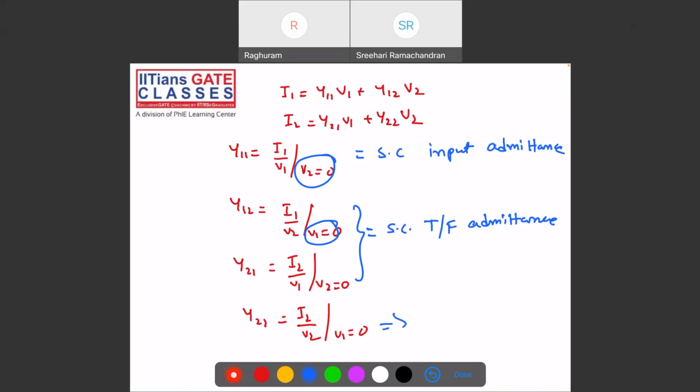This is called short circuit output admittance. So: short circuit input admittance, short circuit transfer admittance, and short circuit output admittance.